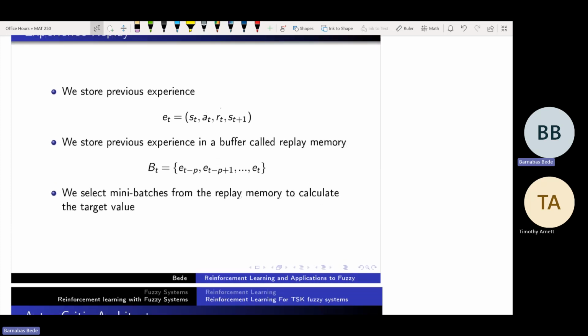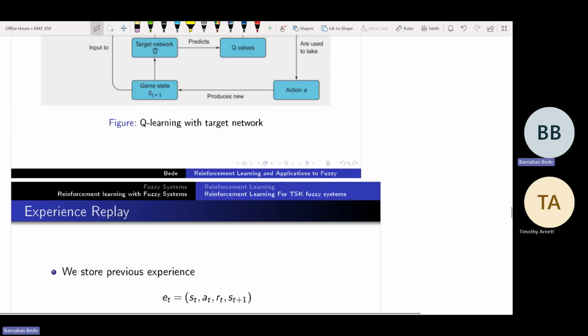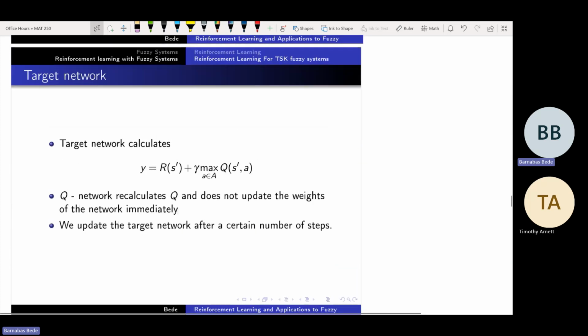So experience replay will allow you to explore the problem. Yes, and now if you accumulated enough experience, you will be able to get here a maximum, the best action. What was the best action in the given state?